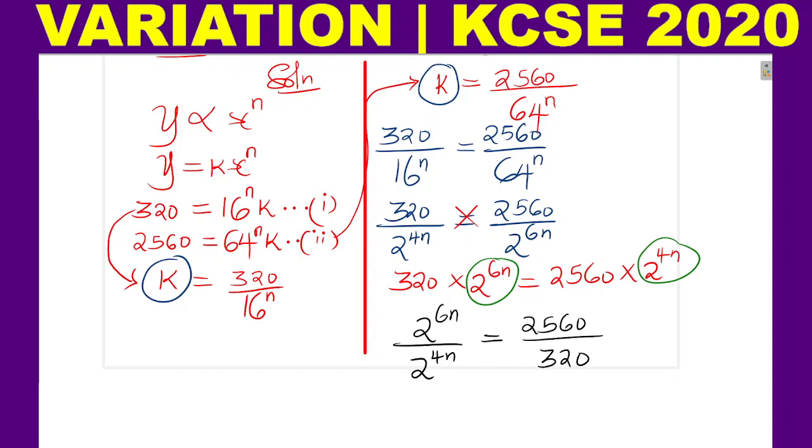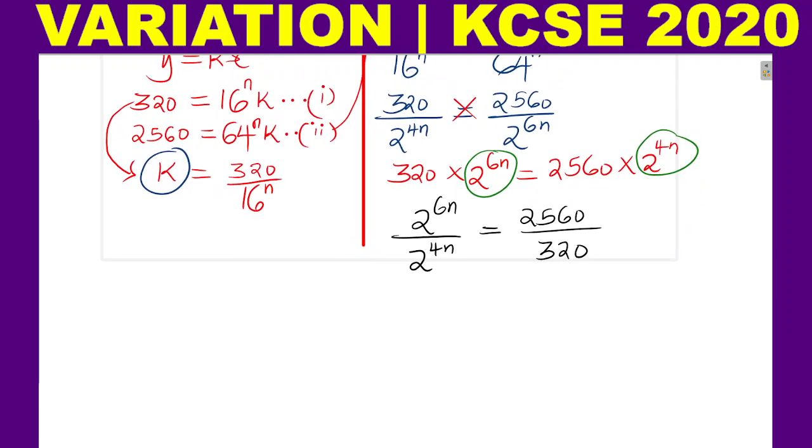So what I've done, I've divided both sides by 2 raised to power 4n first, and then again divided both sides by 320. After doing that, the next step, we can use the law of indices on the left hand side: 2 raised to power 6n divided by 2 raised to power 4n. When you are dividing, the bases are the same, we subtract the powers.